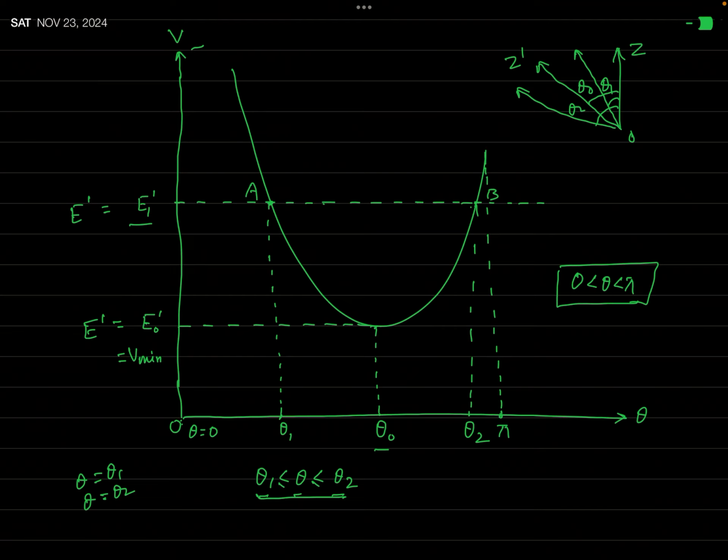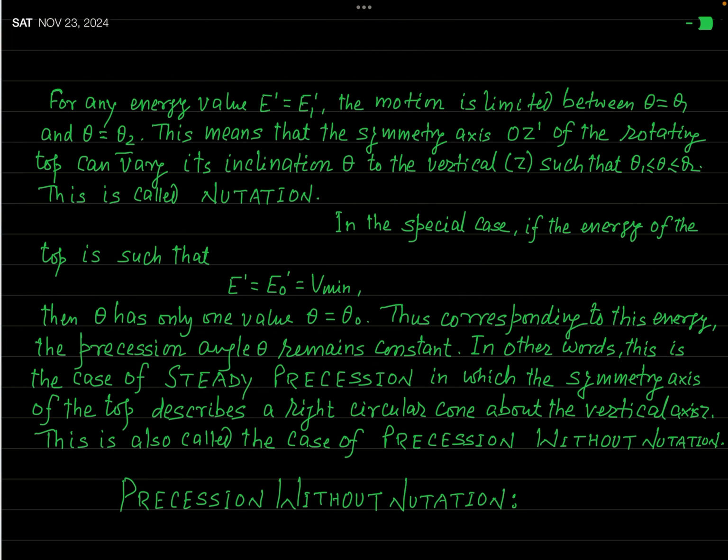So corresponding to this energy the angle theta remains constant. This is the case of steady precession, in which the symmetry axis of the top describes a right circular cone about the vertical axis Z. This is also called precession without nutation.